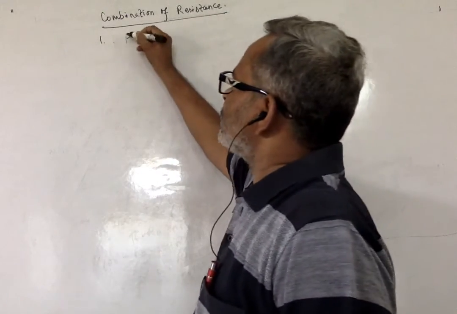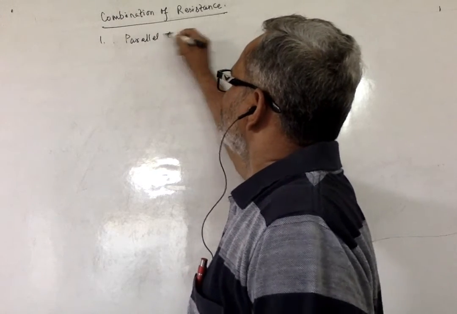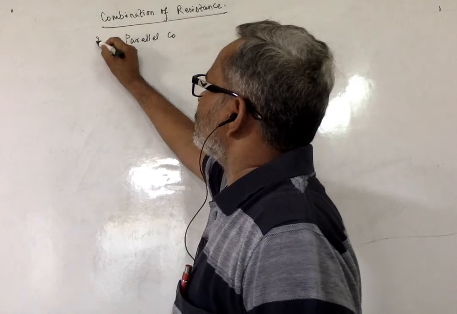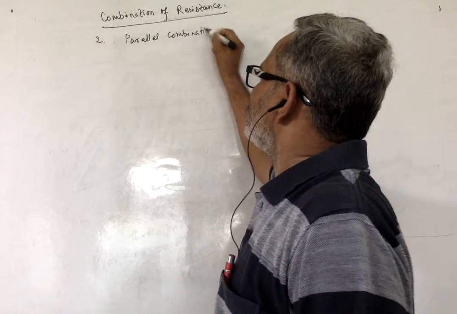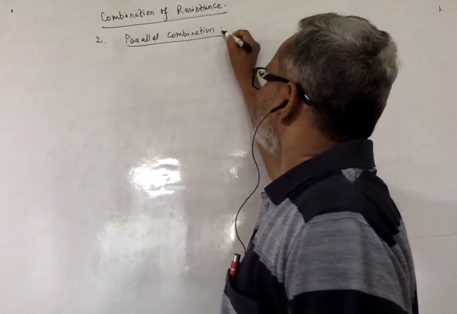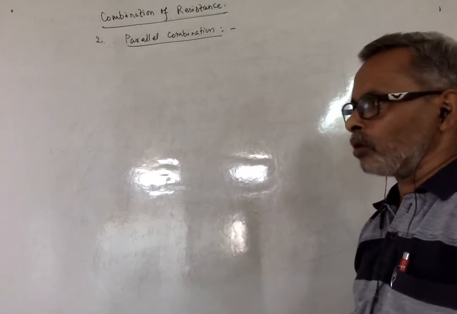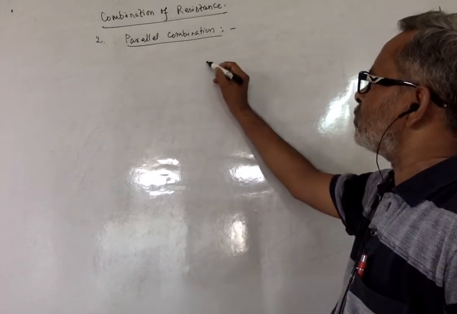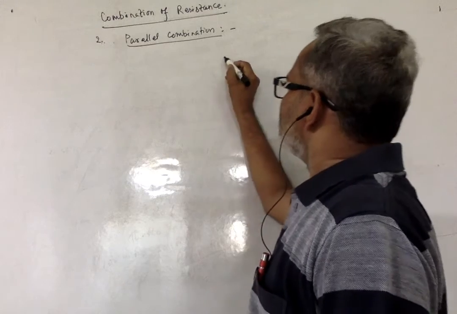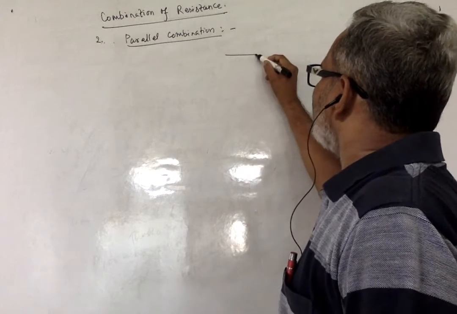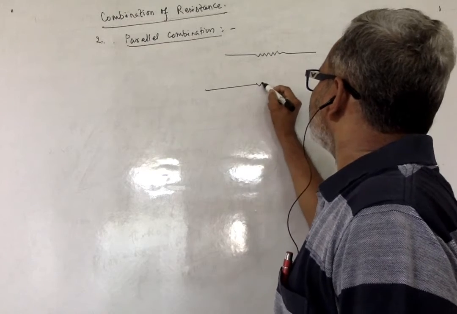Second, parallel combination. If one end of two or more resistors is connected at one point and the other end is connected at another point, such combination is called parallel combination.